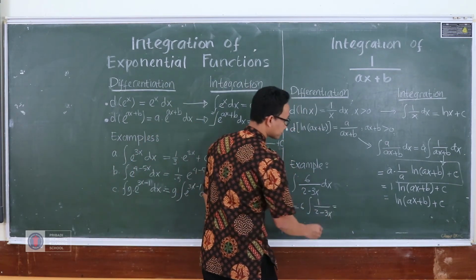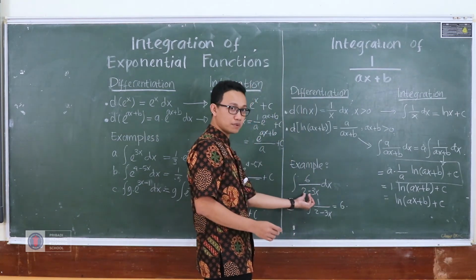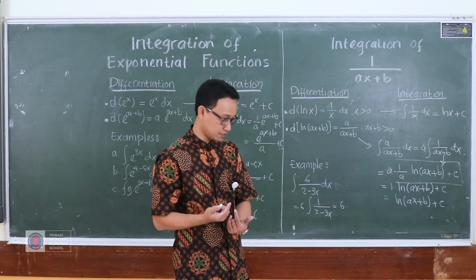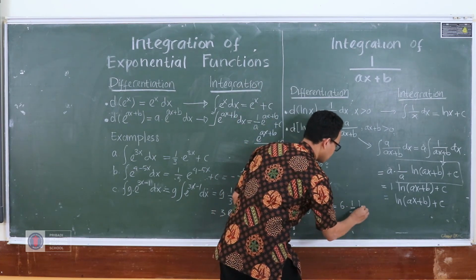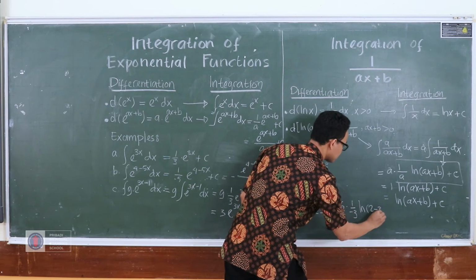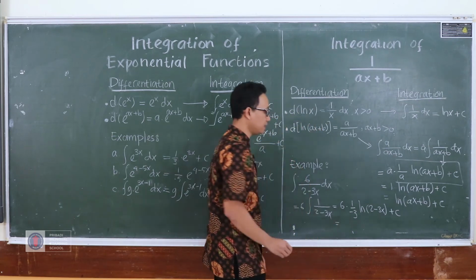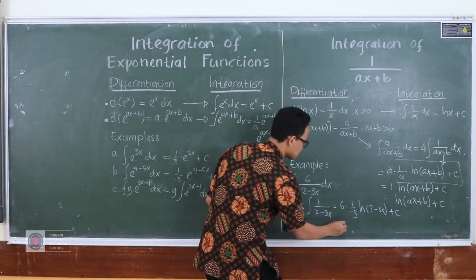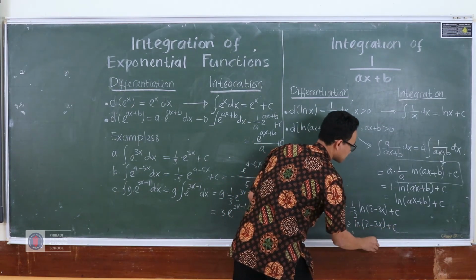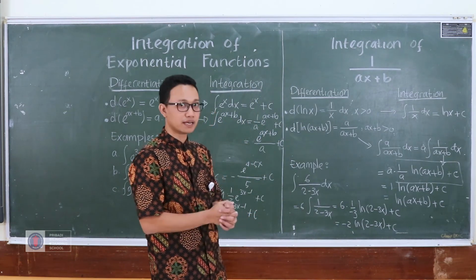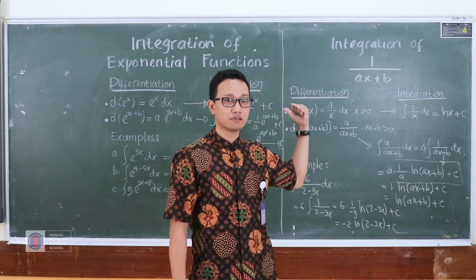Here it will be 6 multiplied by 1 over the derivative of 2 minus 3x, which is minus 3, and then ln of 2 minus 3x plus c, don't forget. In the end, if we simplify, 6 times 1 over minus 3 is minus 2 ln 2 minus 3x plus c. So this is how we can find the integration of the reciprocal function.